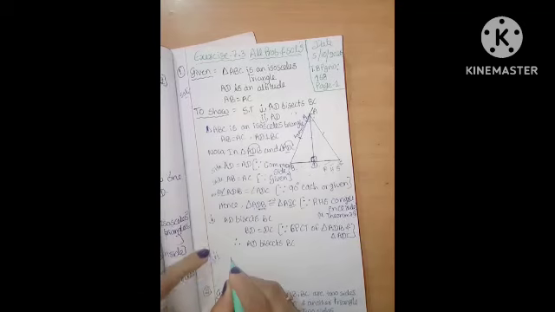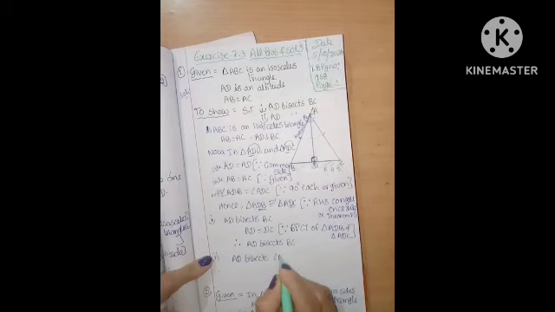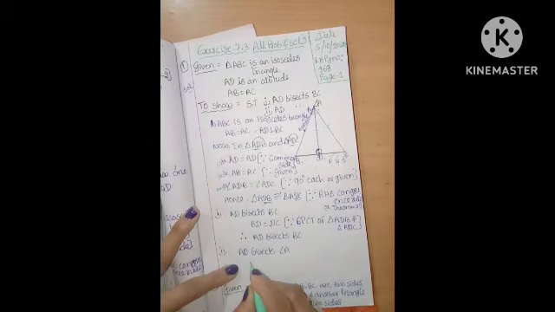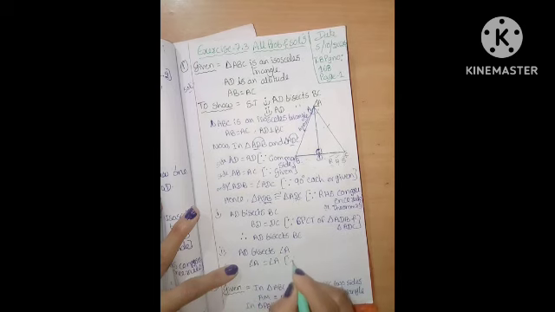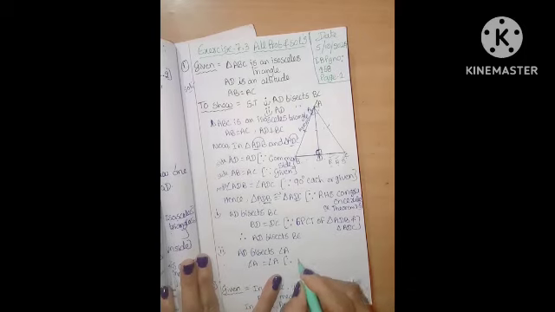So the second question. What's the second question? AD bisects angle A. So here angle A is equal to angle A. Why is it equal? These two are the common angle.